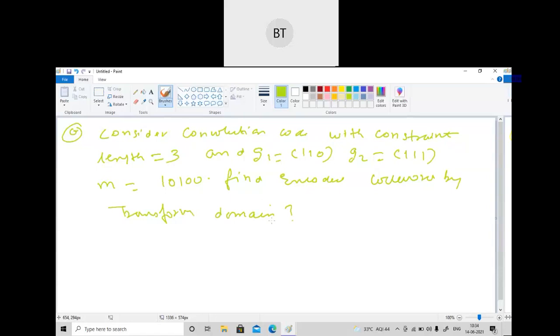So this problem is a bit tricky. We have very less time, so please try to solve it. I will give you a hint in this problem.